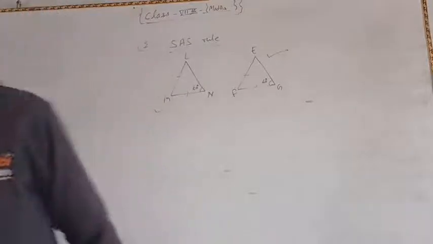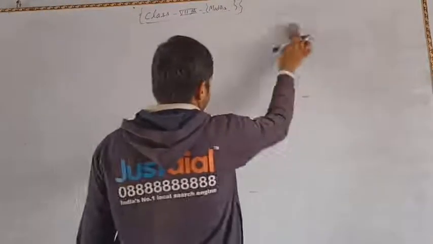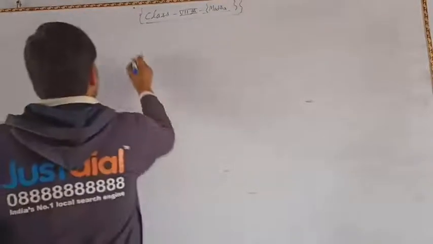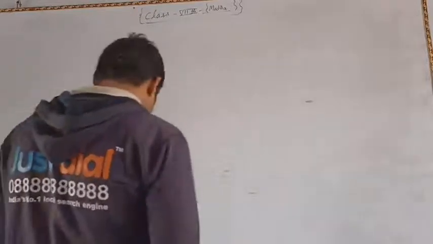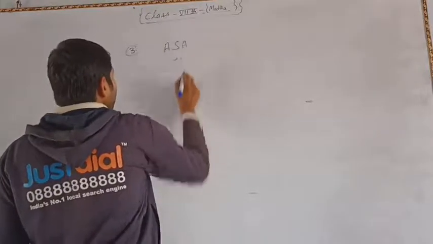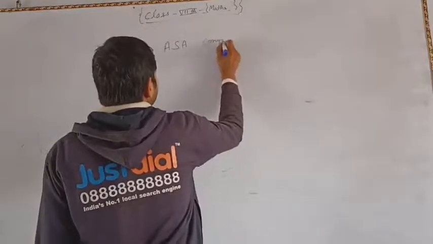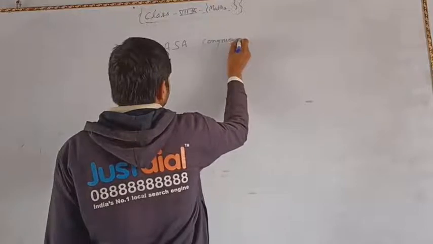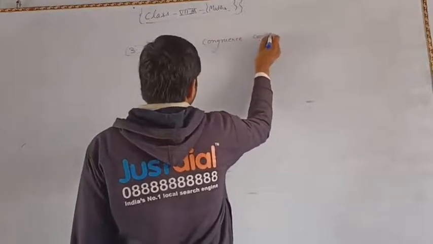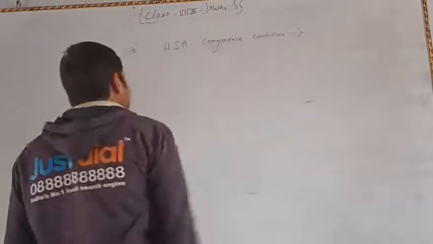Next, rule number 3, ASA congruency rule. ASA congruence condition.